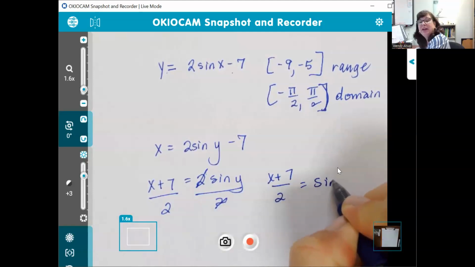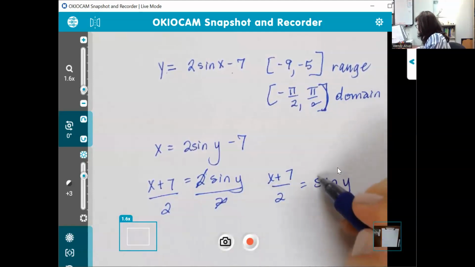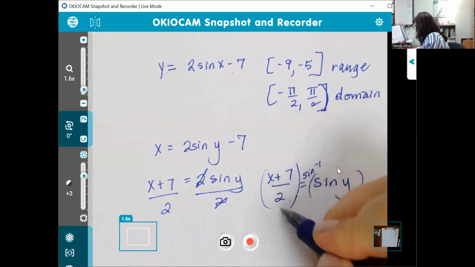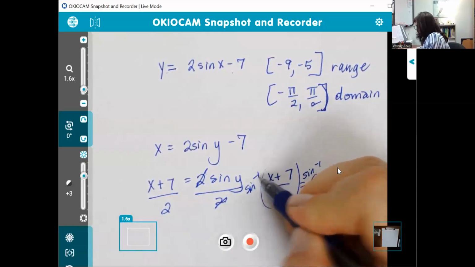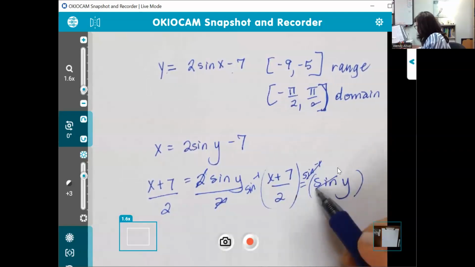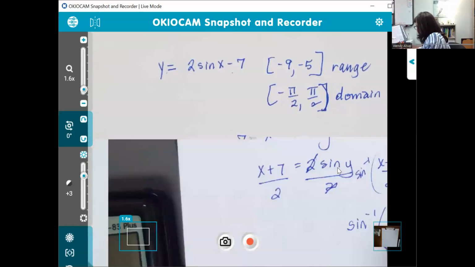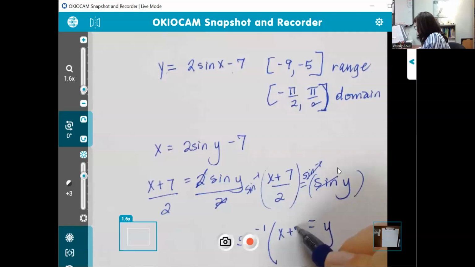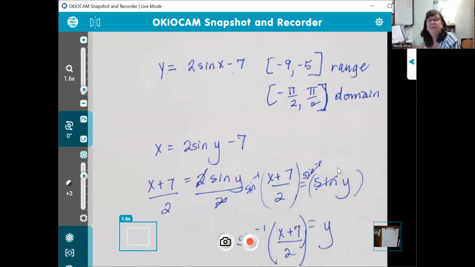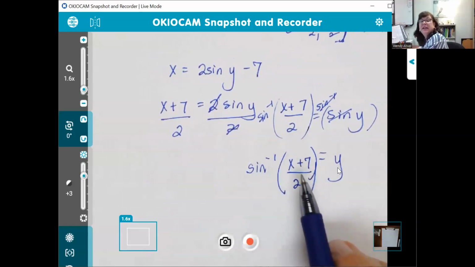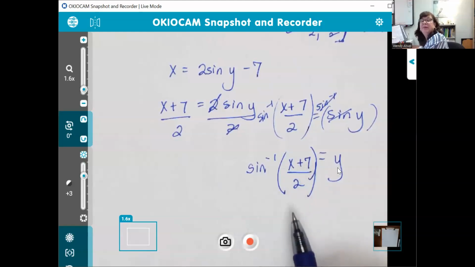And then to get rid of that sine, I'm going to take the inverse sine of both sides. The inverse sine undoes the sine, and that'll leave you with y. And so my new inverse function is the inverse sine of x plus 7 all over 2. That'll equal y. I didn't write that very neatly, but my inverse function is inverse sine of x plus 7 divided by 2.